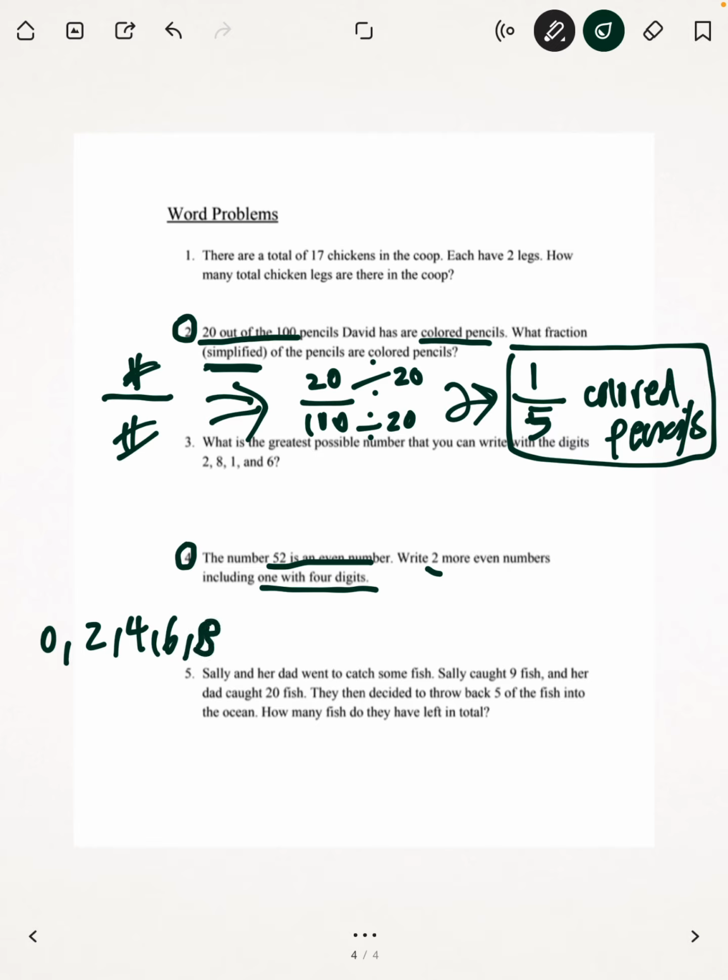You can do any numbers, but I'm going to be doing the number 46, and it says 1 has to be 4 digits, so you can do any number that ends with a 0, 2, 4, 6, or 8. And those are going to be my 2 numbers.